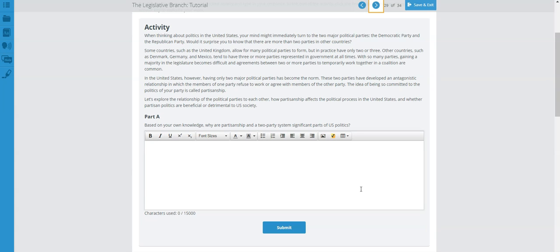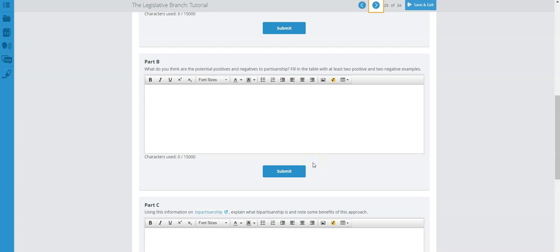And obviously, you have to understand that in this country, a third-party system has not worked. So you have to be able to explain that here. How significant is the two-party system in the overall political arena in the United States? Please make sure that you answer here with a good paragraph.